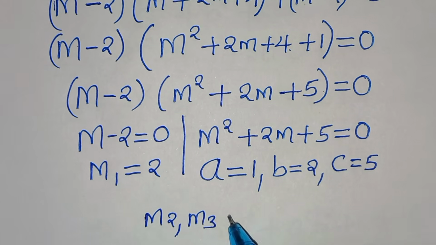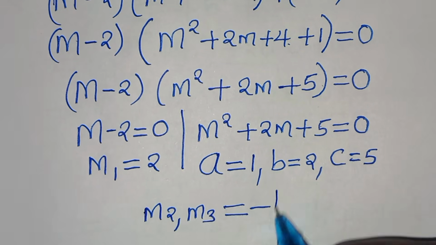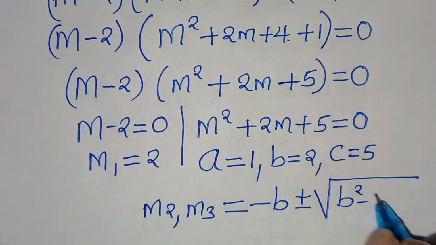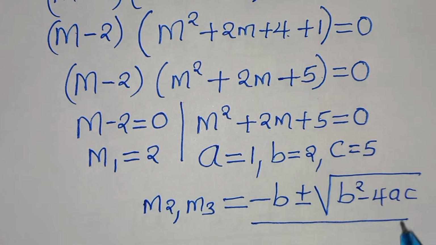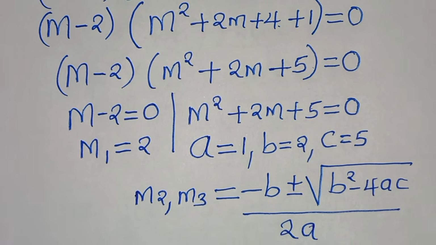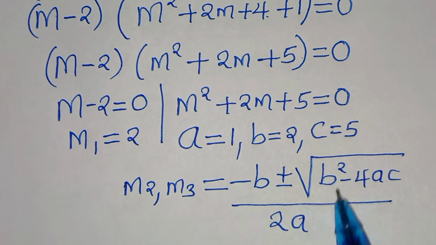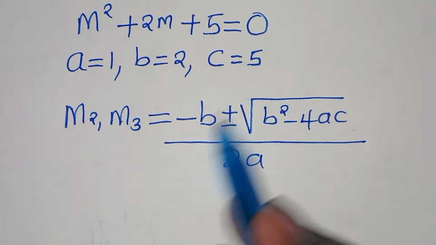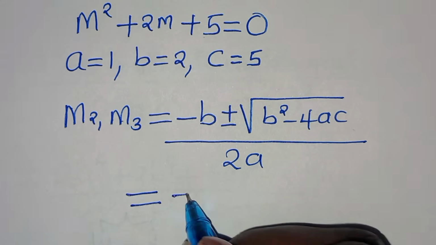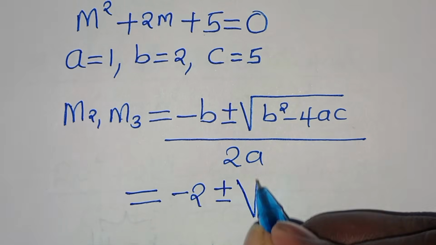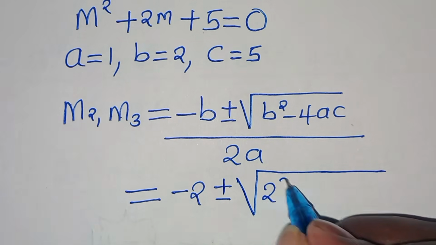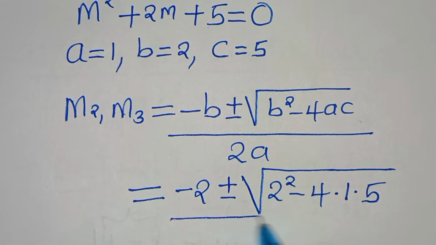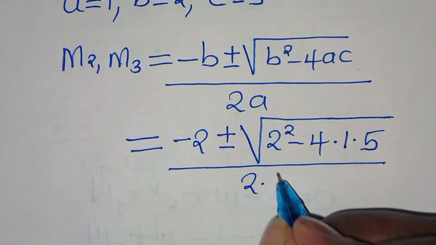by applying the quadratic formula, which is minus b plus or minus the square root of b squared minus 4ac, everything divided by 2 multiplied by a. Now let's substitute the values of a, b, and c in this formula so that we have minus 2 plus or minus the square root of 2 squared minus 4 times a, which is 1, times c, which is 5, everything divided by 2 multiplied by a, which is 1.